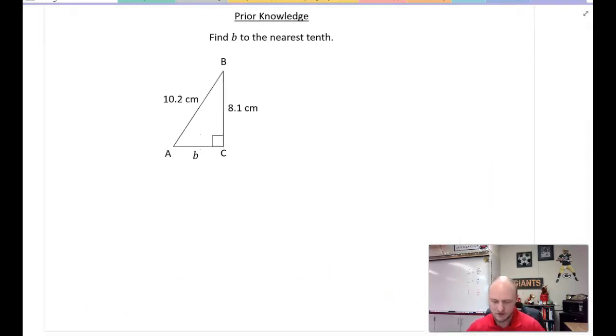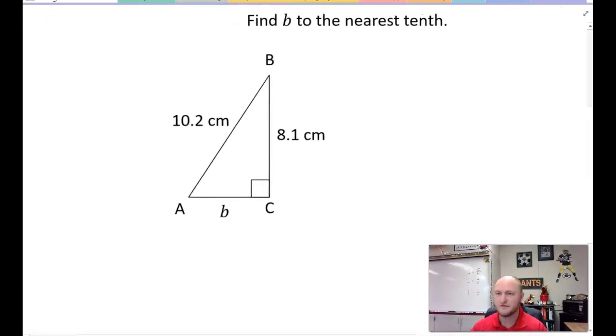All right, really quickly, just as prior knowledge, we want to go ahead and find side B to the nearest tenth. So notice I have 2 sides, I'm missing 1. So what theorem do we use that involves all sides of a triangle? Pythagorean theorem. Okay, so this is a squared plus b squared is equal to c squared.